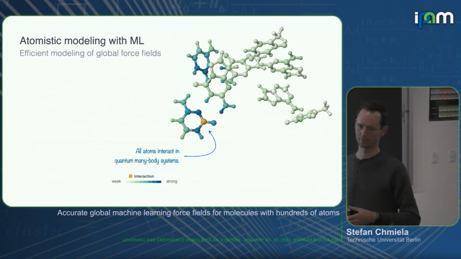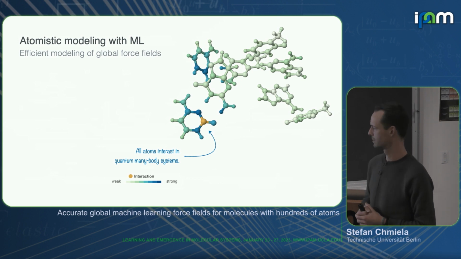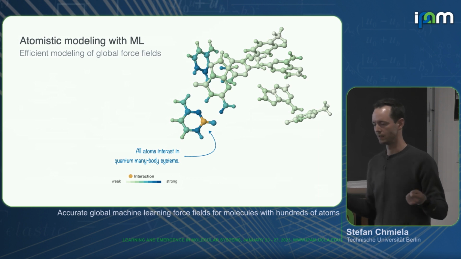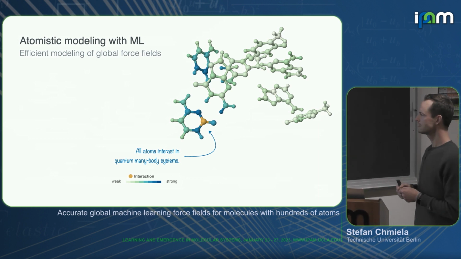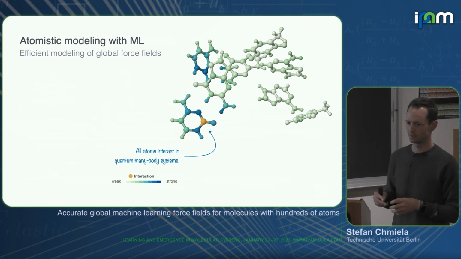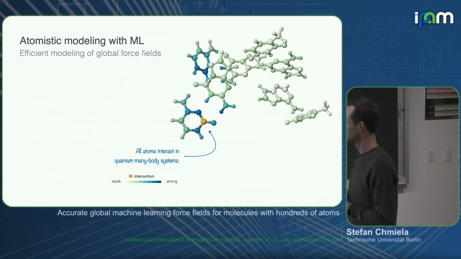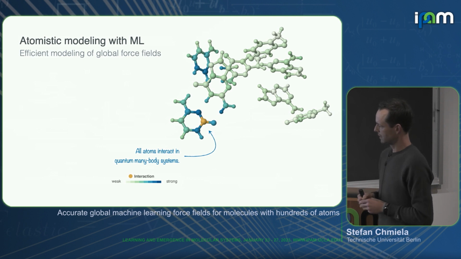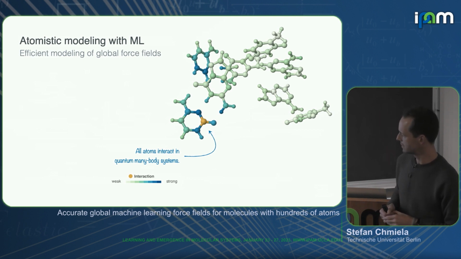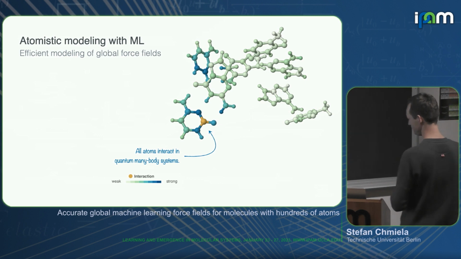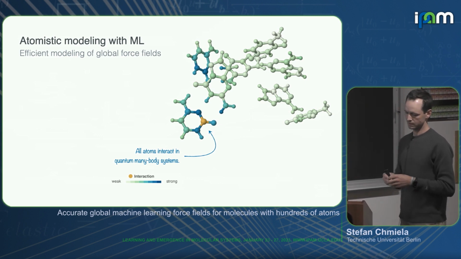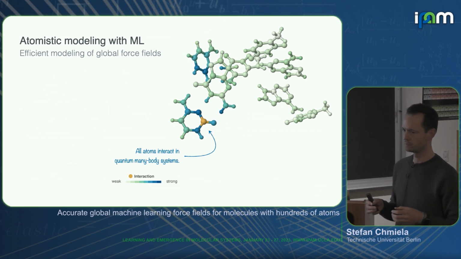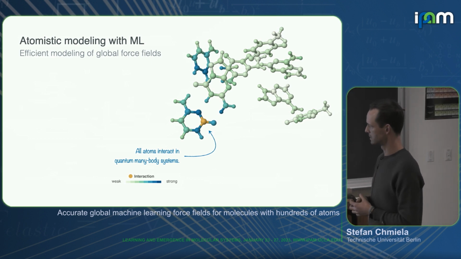If I would steelman the case for localization assumptions, I would say, well, since interactions decay exponentially with distance, it makes very much sense to only look at local interactions. And on the other hand, this would also create fragments that can be reused. So this helps with generalizability and so on.